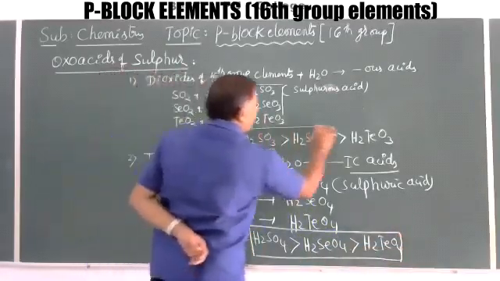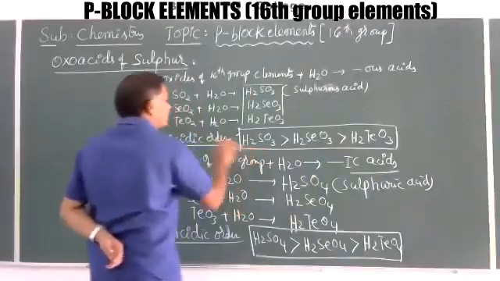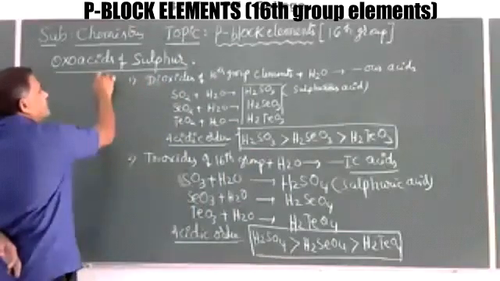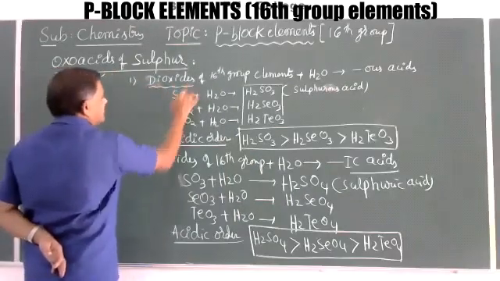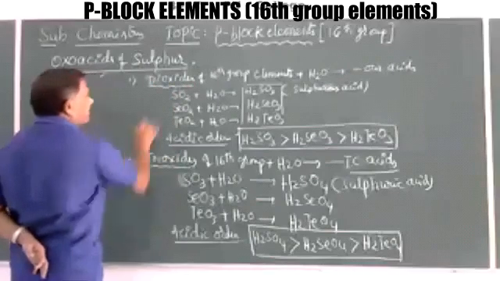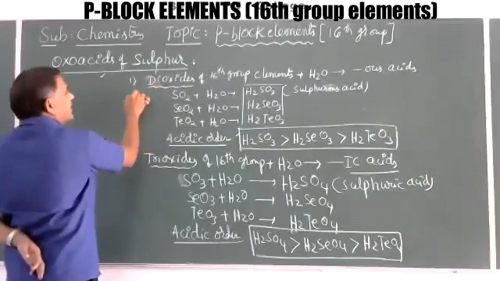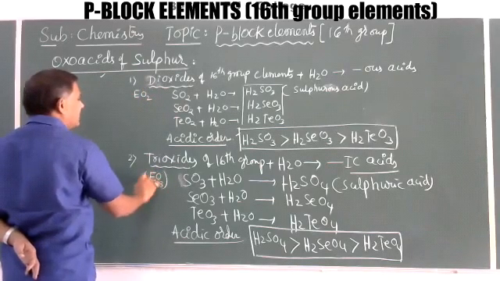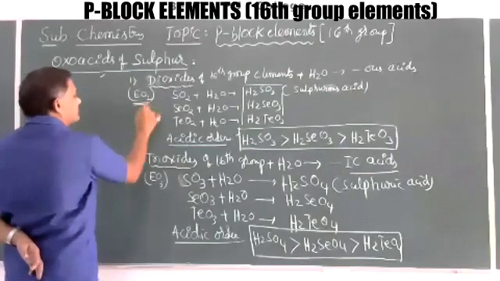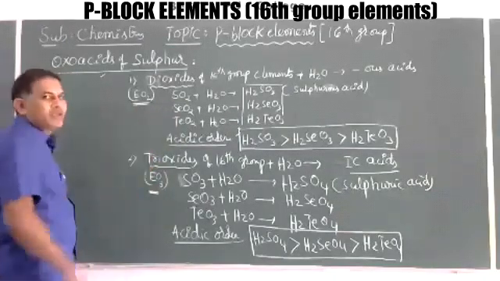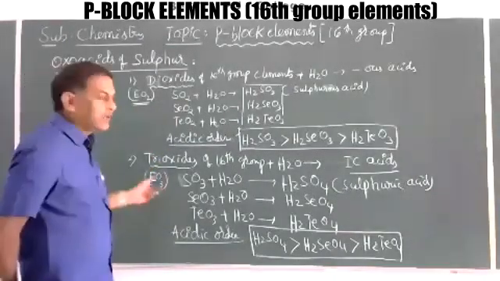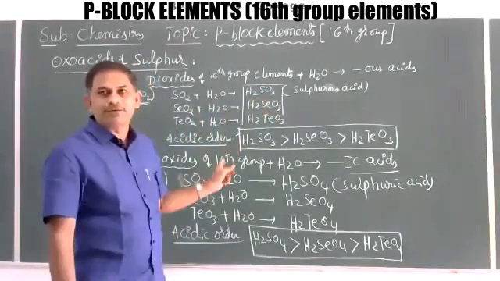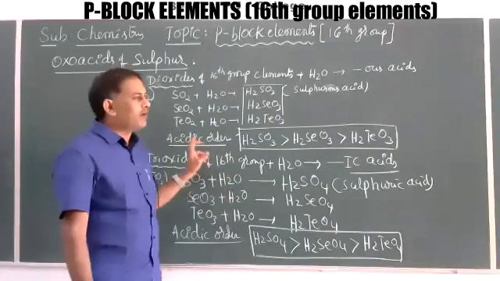So finally, in oxoacids of sulfur, dioxides and trioxides are there. The dioxides are EO2 type and trioxides EO3 type. When these oxides are dissolved in water, they give the corresponding ous acids and ic acids. Corresponding sulfurous and sulfuric acids are formed here.